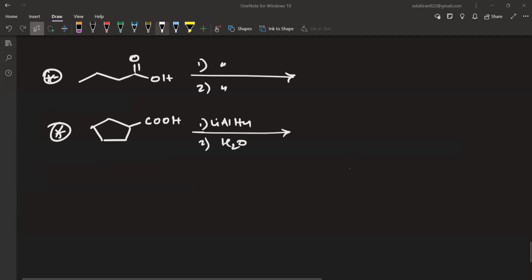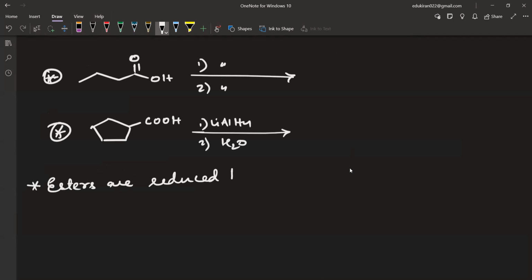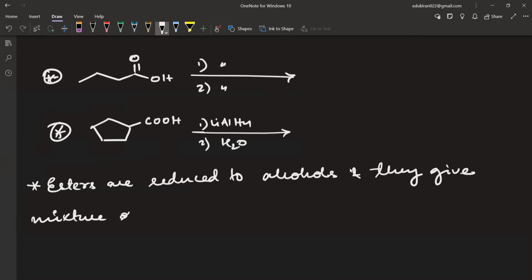Right, next, esters are reduced to alcohol, and they give a mixture of alcohols.